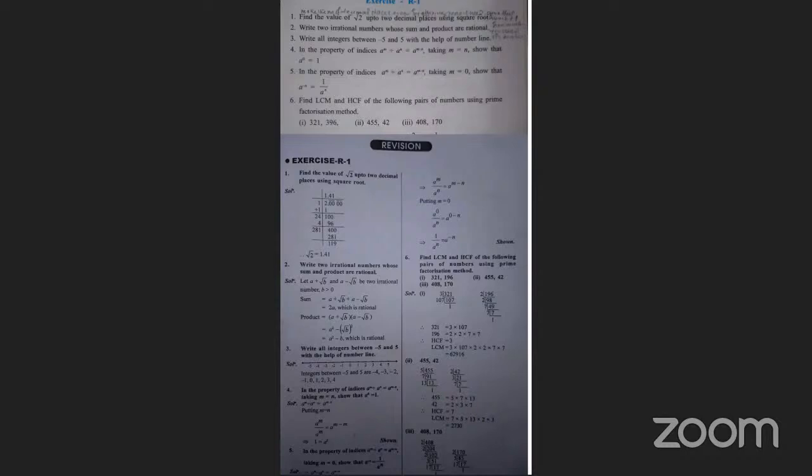If I add these two numbers, the first irrational number and the second irrational number, remember, irrational, my answer should be a rational number. Again, if I multiply these two numbers, my answer should also be a rational number. There are several examples you can give on the basis of the demand of the question.